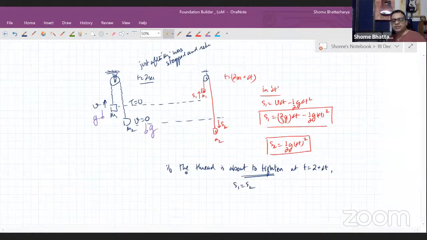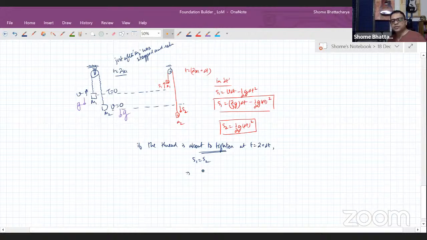So we apply this condition: S1's value, which is 2g by 3 delta t minus half g delta t square, should be equal to half g delta t square. So you get this equation: 2g by 3 delta t should be equal to half plus half, which is 1, into g delta t square.